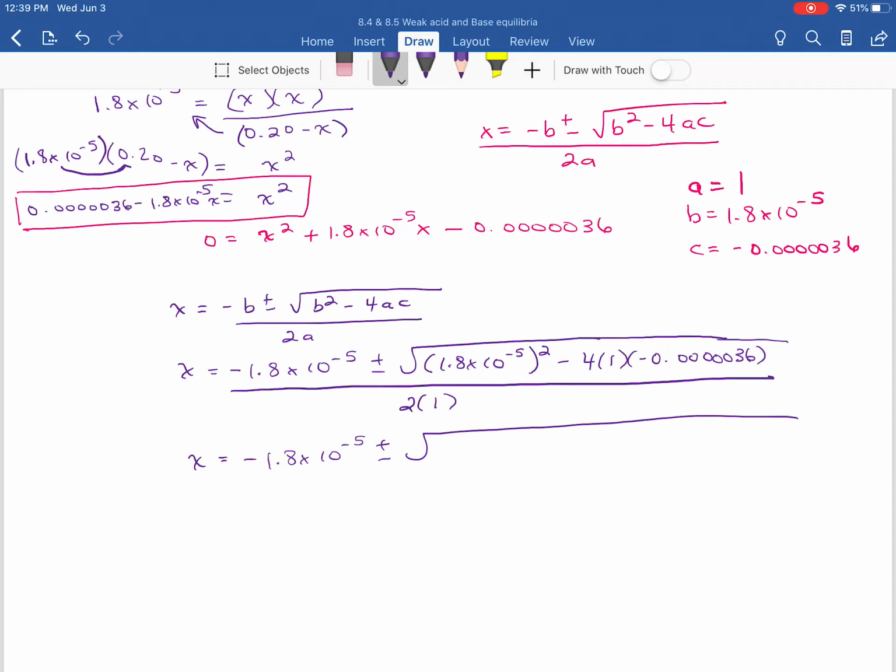When I square 1.8 times 10 to the negative 5, I get 3.24 times 10 to the negative 10 minus, and when I multiply this by 4, two negatives make a positive. Don't mess that up. And I get 0.00000144. All divided by 2.